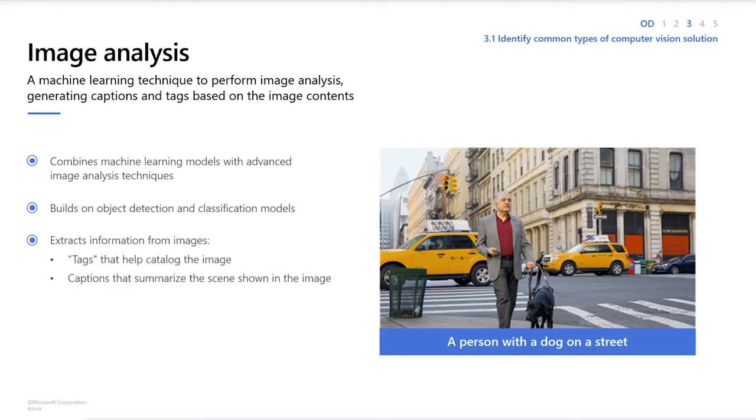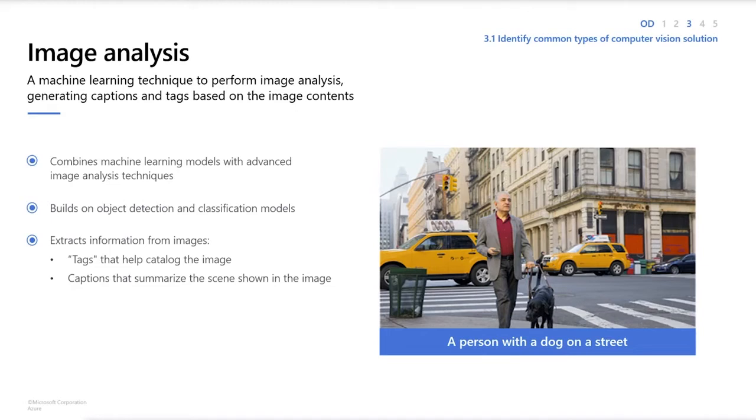And that includes your tags that can help catalog the image or even descriptive captions that summarize the scenes shown in the image. Now, this actually builds on object detection and classification models. And image analysis is really great when we talk about that mixed reality of tools, such as the HoloLens.